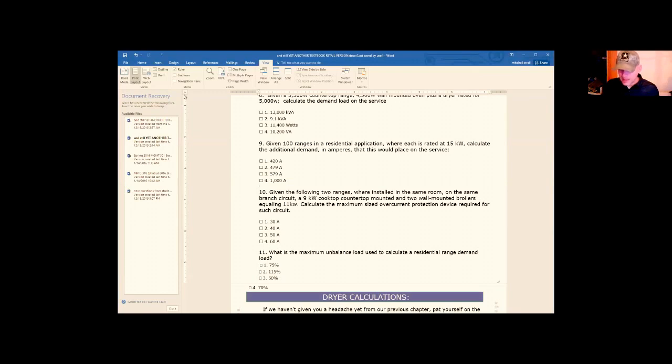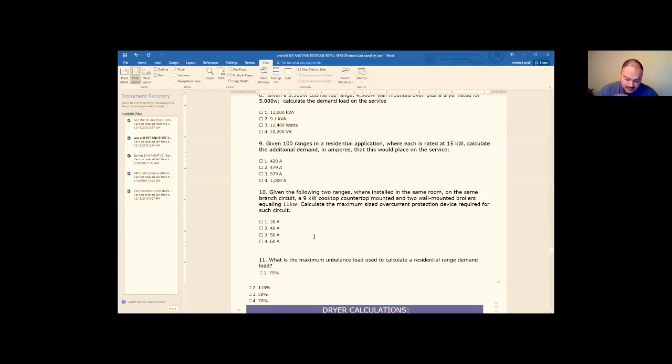So going back to page 72, you need to write yourself a quick note at the top of the page: minimum branch circuit rating for ranges of 8750 watts plus, minimum 40 amps.